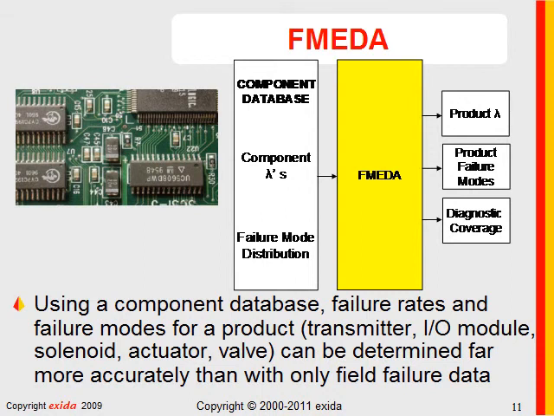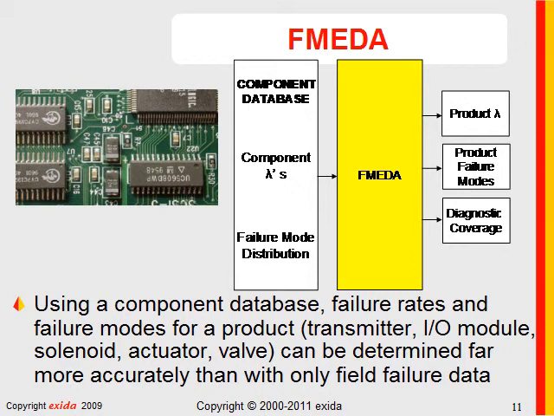Using a component database with failure rates, failure modes, and useful life for each component, in other words, resistors, transistors, microprocessors, A to Ds, and so forth, for each component, you go through an FMEDA process, and you can then generate the product failure rate, the product failure modes, the failure rates for each failure mode, and the diagnostic coverage capabilities of any automatic diagnostics that are in the product. That's a pretty complete picture.